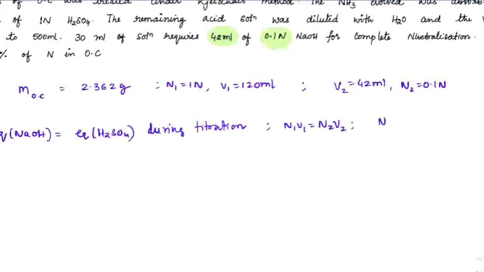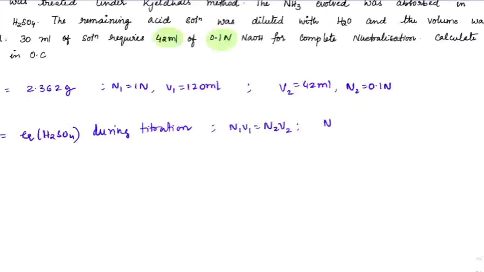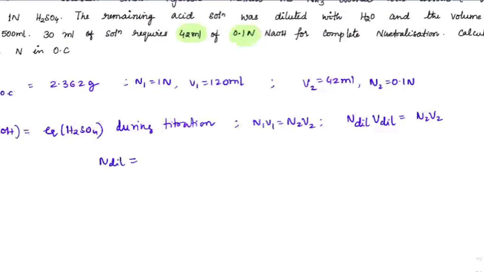So diluted normality into V diluted is equal to N2V2. That normality will be equal to 42 into 0.1 divided by 30 ml, since he has taken 30 ml of it. If I cancel it, I get 0.14. So I'm getting 0.14 normal.